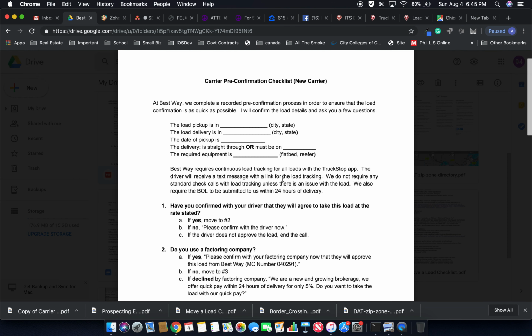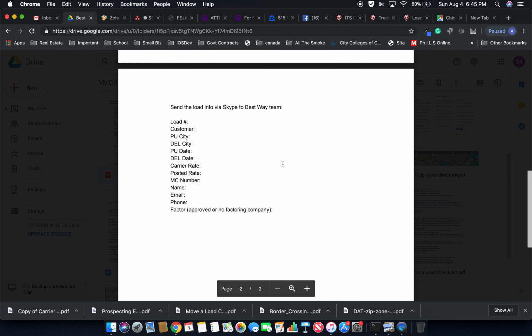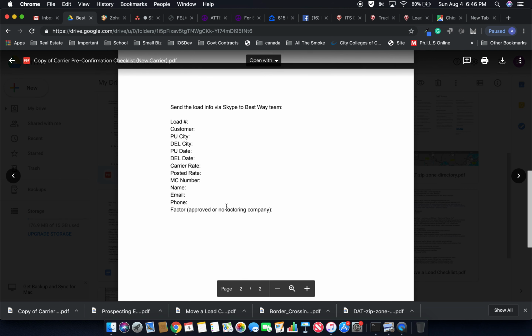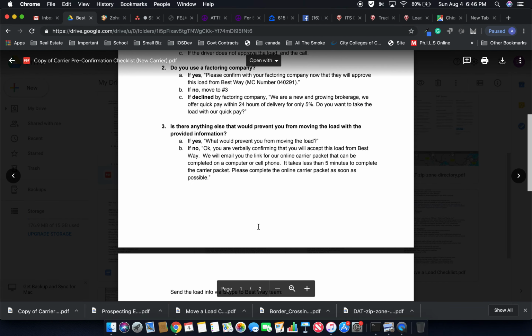It pretty much helps you walk through confirming the load with a customer, and make sure you get these details. You want to say the PU, pickup, the delivery, the carrier rate, posted rate, all that stuff you would have. And then factor would say Best Way if they get approved with Best Way, and RTS if they get approved with RTS. And if there's no factoring company, we're going to say no factoring company, quick pay. And that's pretty much that.